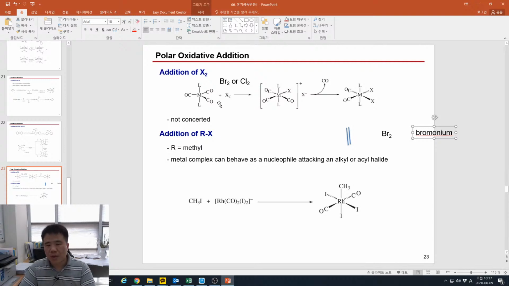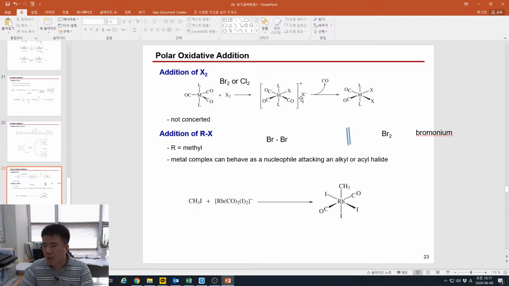So the first step is the transition metal attacks the Br, and one bromide is kicked out. Similar to alkene addition, the transition metal attacks the bromine and kicks out one bromide.